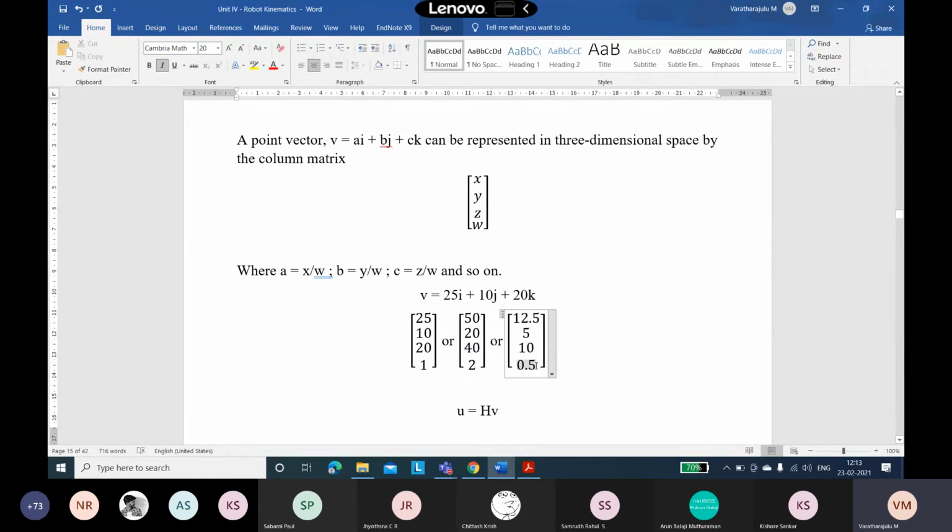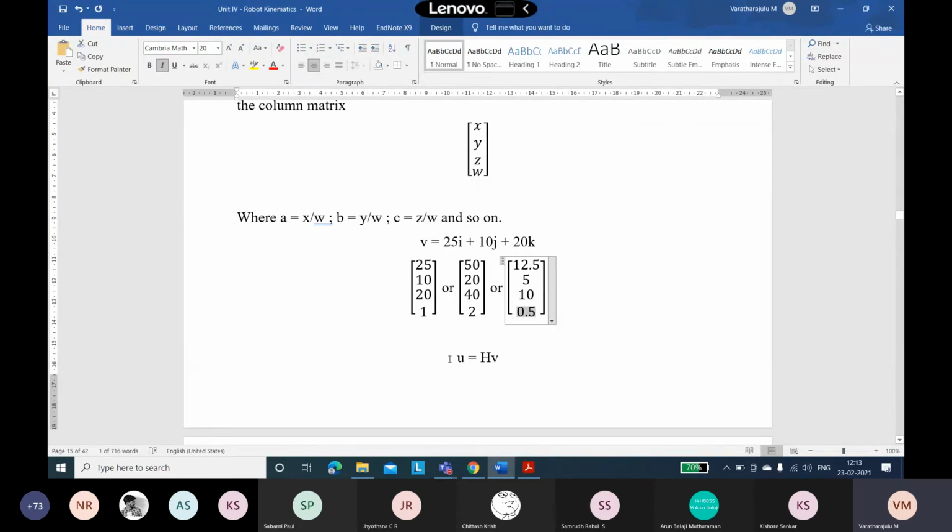If the weight factor is 0.5, then we need to divide by 2. Therefore 25 becomes 12.5, and so on. I'll tell you the reason W was taken.